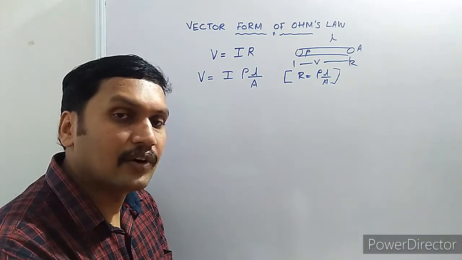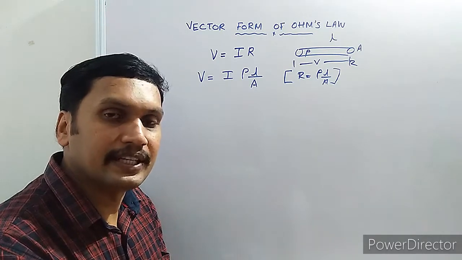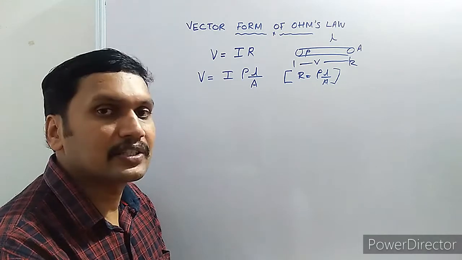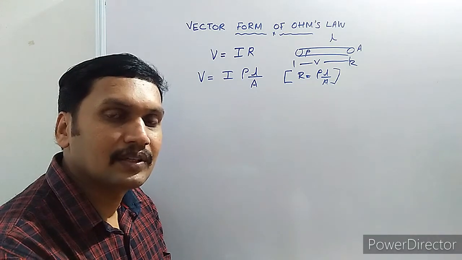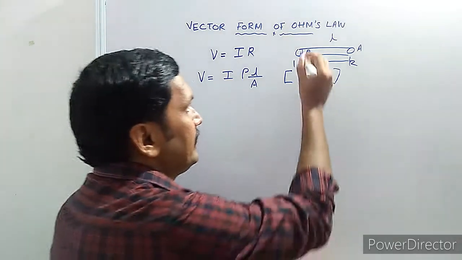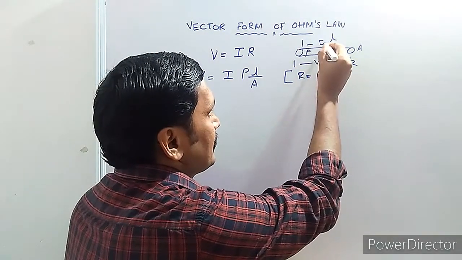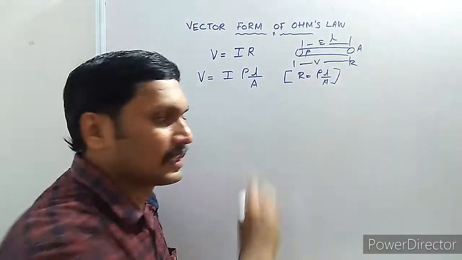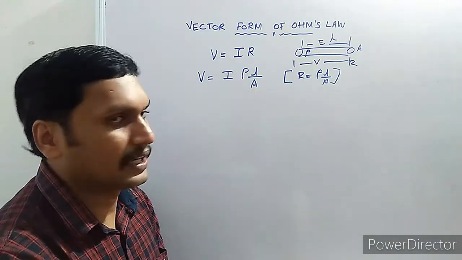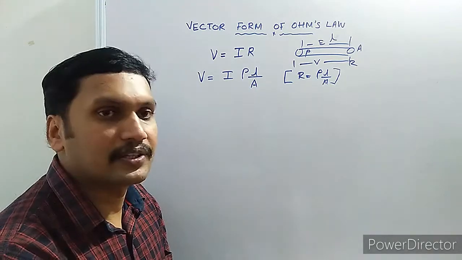Let us see how we can write the potential difference in terms of electric field. We know that the current starts flowing through this conductor when we apply an electric field. If E is the electric field on this conductor and L is the length of the conductor, V is the potential difference.